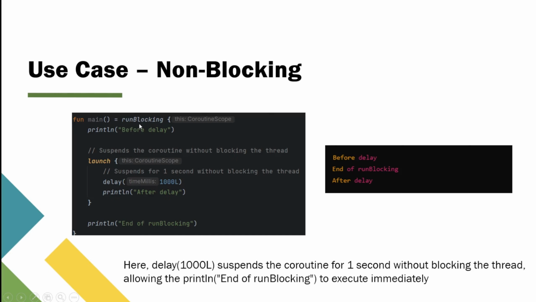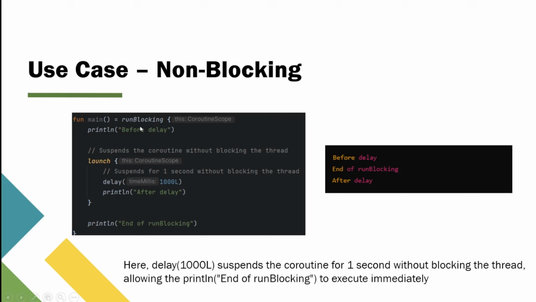Assuming there is a runBlocking, this is a coroutine scope. As I mentioned in the last video, we will speak about runBlocking and the types of launch modes, how to start coroutines. But just for understanding, I've taken this example.